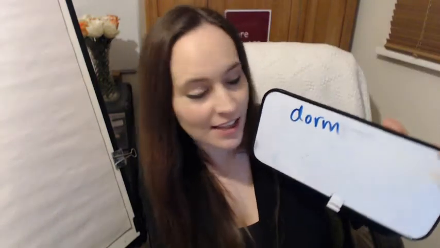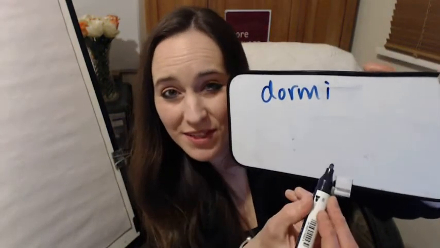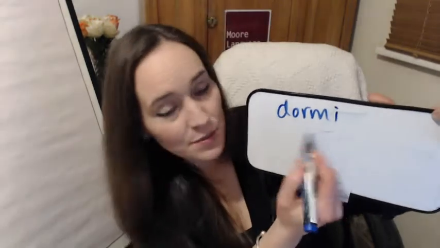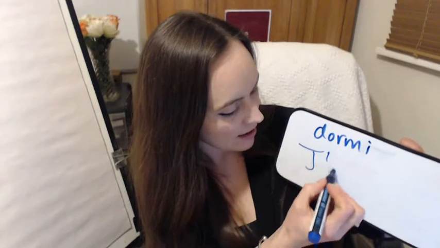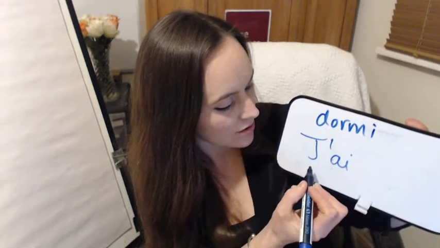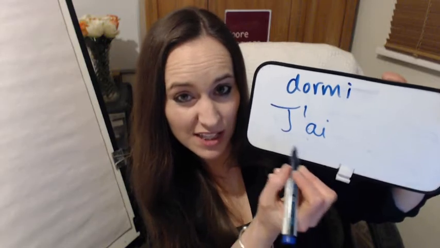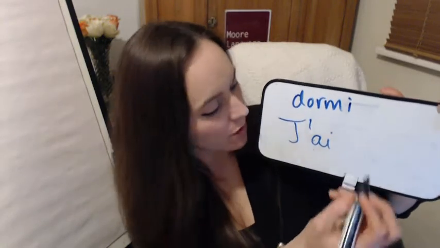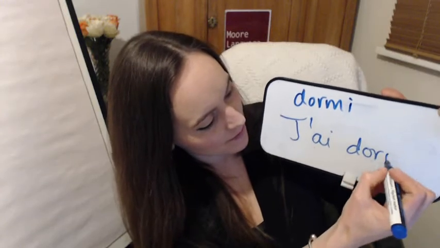So the IR ending of the infinitive changes to just an I, dormi. That's the past participle of the verb dormir. So to say I have slept, you use the subject pronoun, avoir, which conjugates with the subject. J'ai dormi.